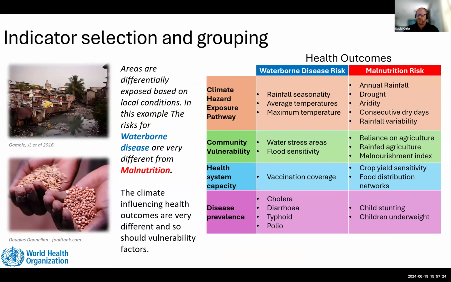One of the big challenges when doing these assessments is the selection of indicators and grouping them by health outcomes or health risks. If you take the example of waterborne diseases versus malnutrition, there are very different climate drivers changing those risks, as well as community vulnerabilities, healthcare capacity, and disease prevalence, that will change the scenario on the ground.